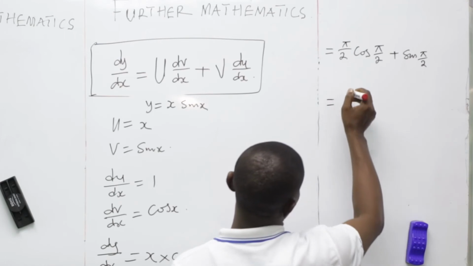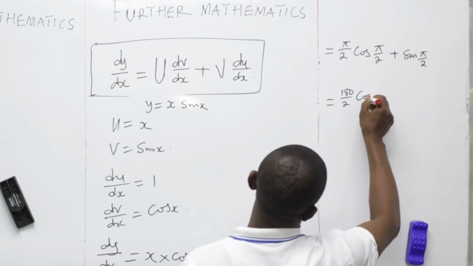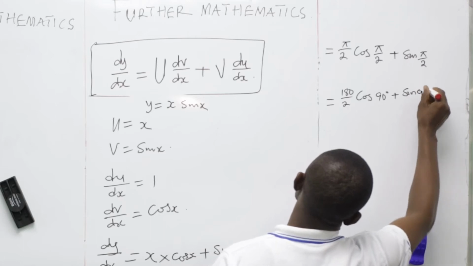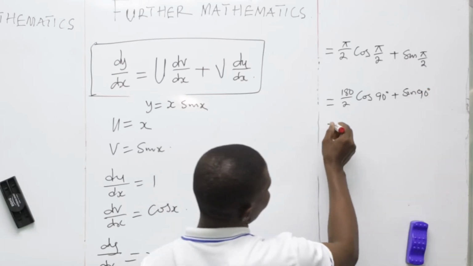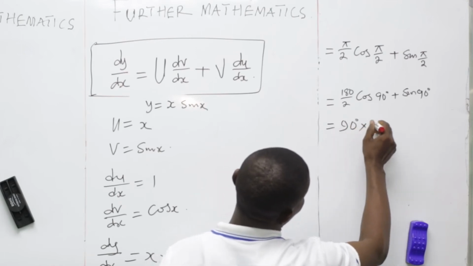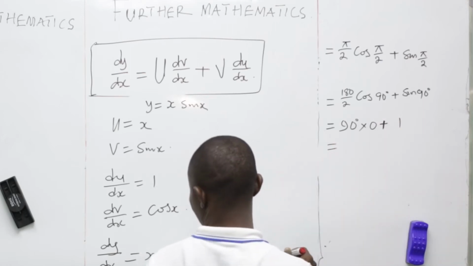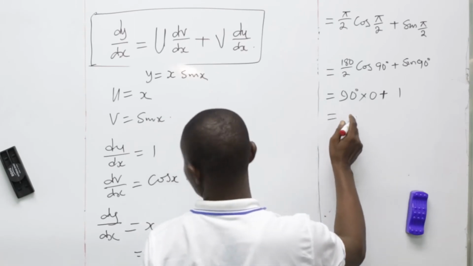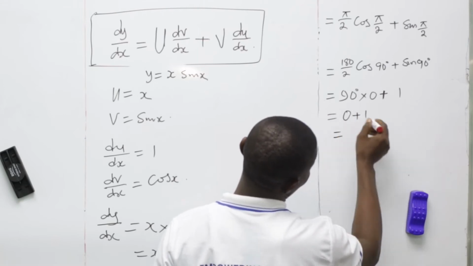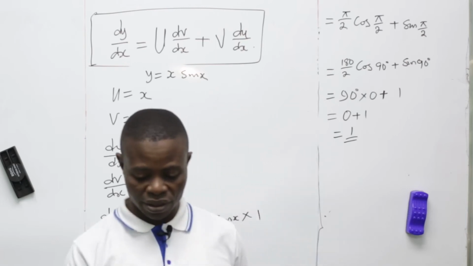Pi over 2 is just 180 degrees over 2, so cos 90 degrees plus sine 90 degrees. 180 divided by 2 is what? 90 degrees. Cos 90 is 0, and sine 90 is 1. Meaning dy/dx at x equals pi over 2 is what? 1. That is 0 plus 1 equals 1. So 1 is the solution to this question.